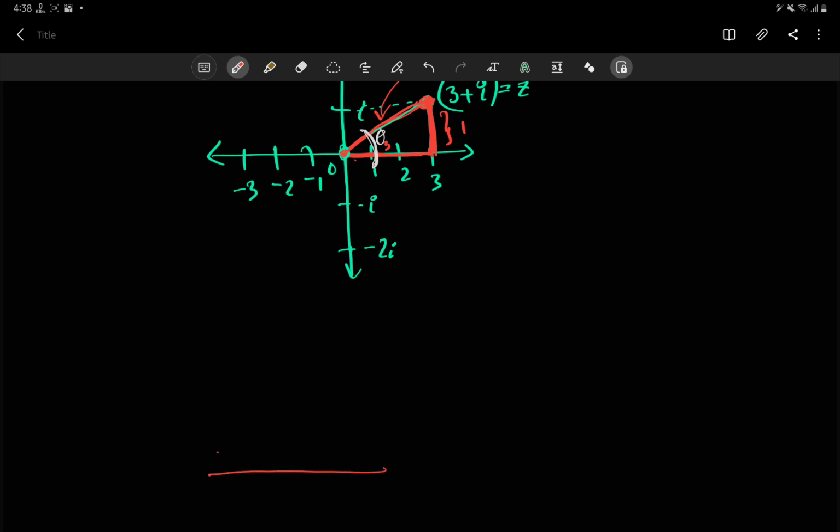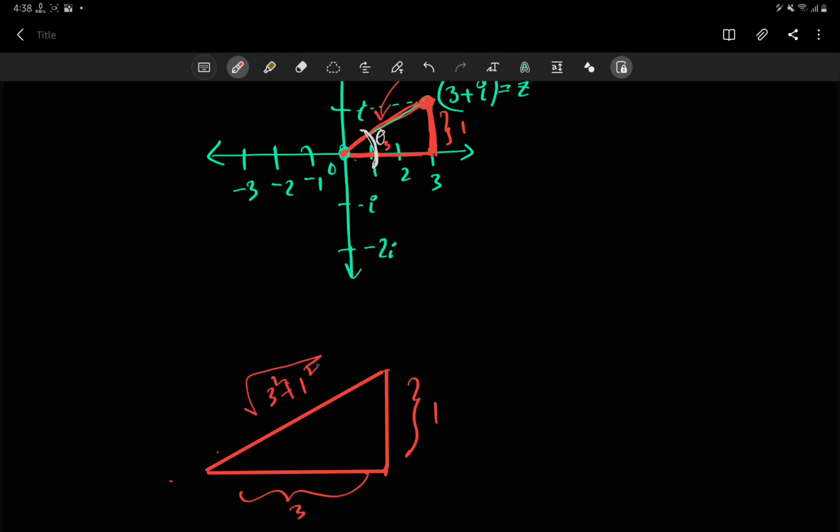Okay, let me draw it. Okay, so we have a right angle triangle like this. This is length 1, this is length 3, and this is length 3 squared plus 1 squared.